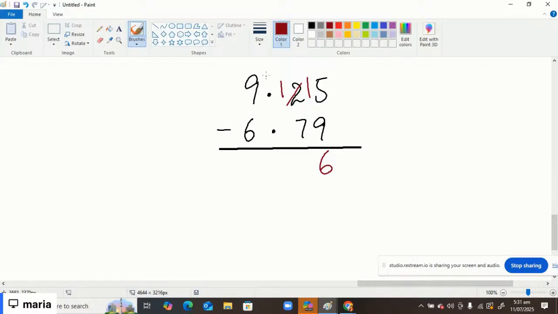No. Taking a borrow from 9, 9 becomes 8 and 1 becomes 11. So 11 minus 7 is 4. So 8 minus 6 is 2. And where is the decimal point? It's here. So 2.46 is your answer.